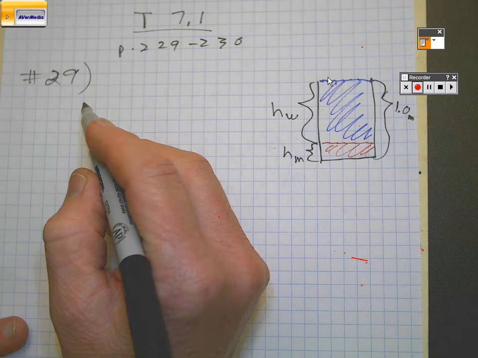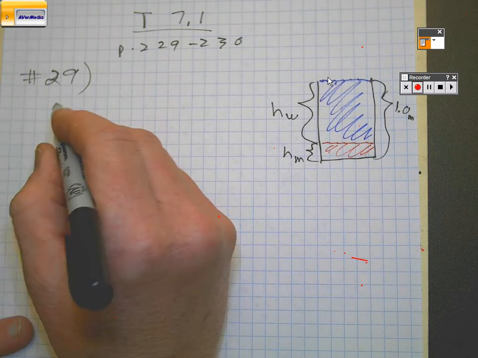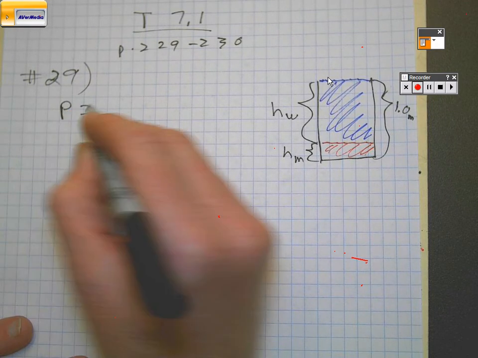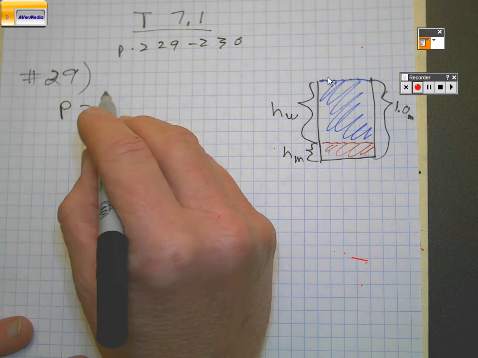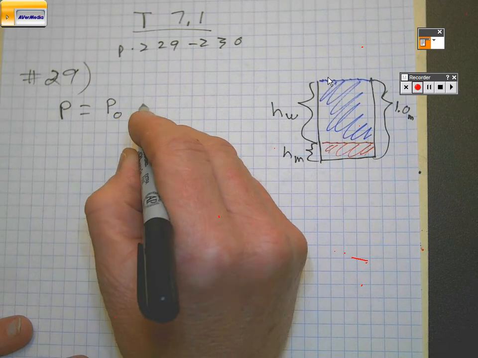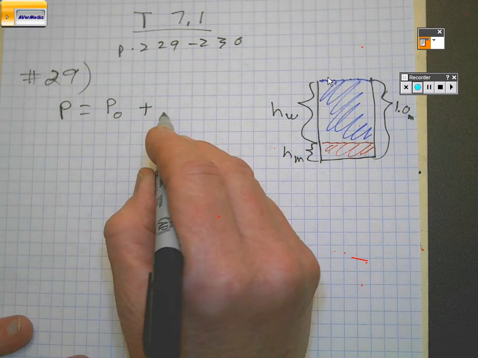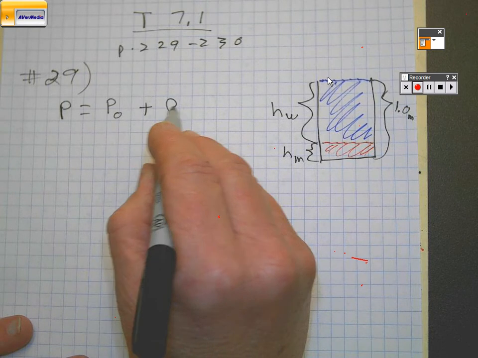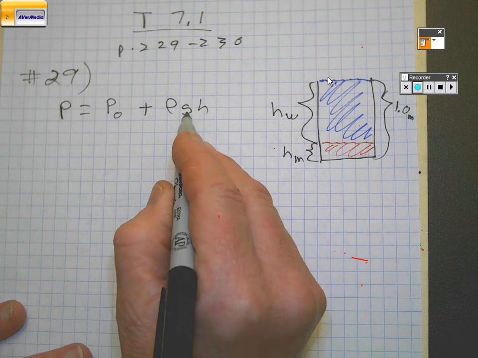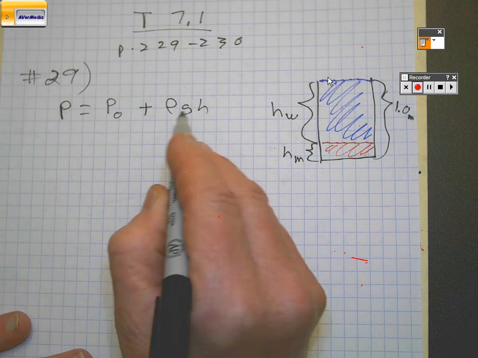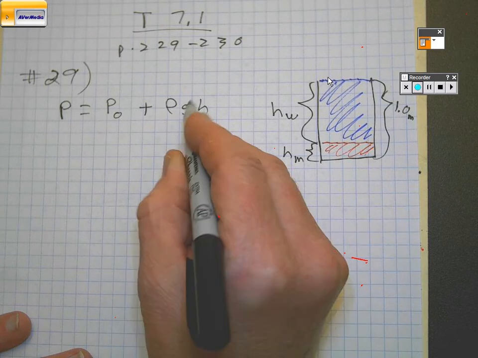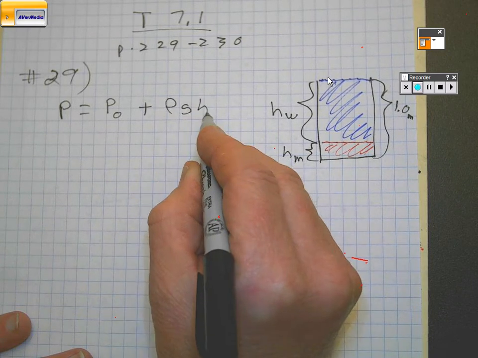From the lecture notes, you'll recall, and this is one of our primary formulas, the pressure you get is equal to the pressure P0, which is the atmospheric pressure that we're starting with, plus rho g h, rho being density, g of course 9.8 meters per second squared on Earth's surface, and h being the height.